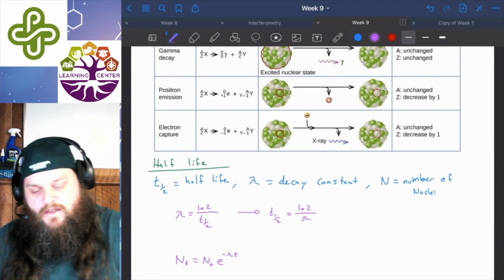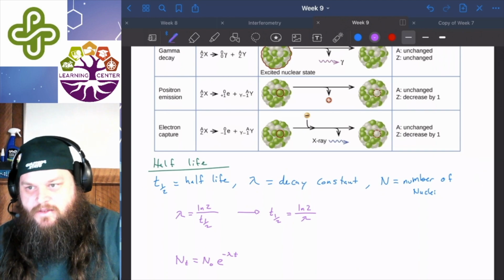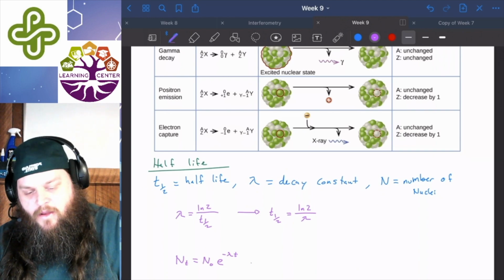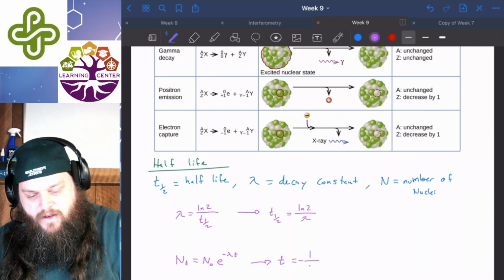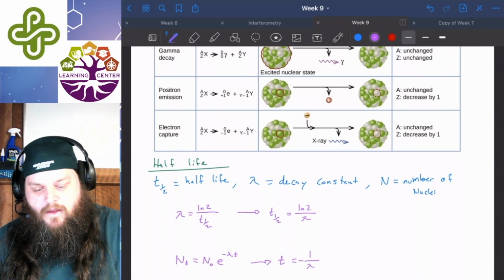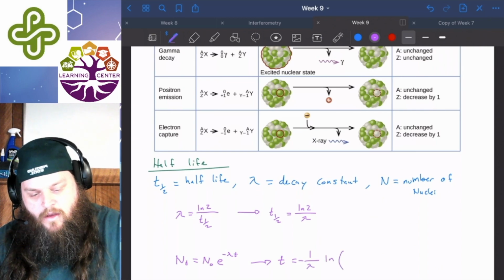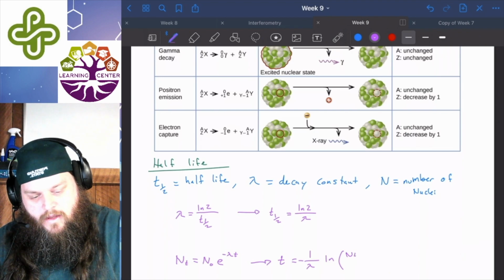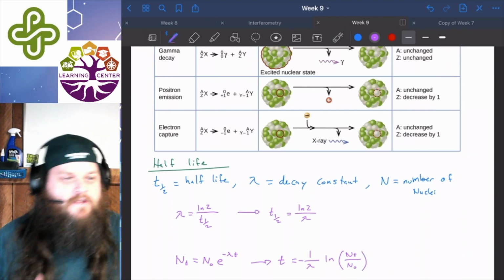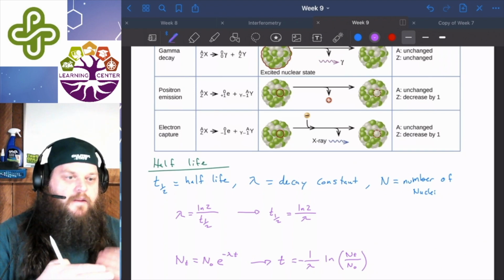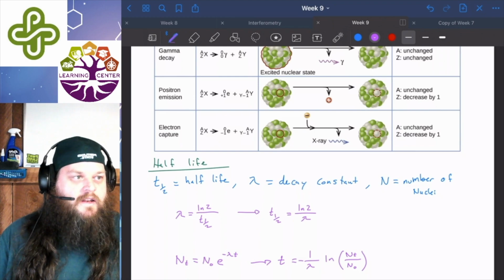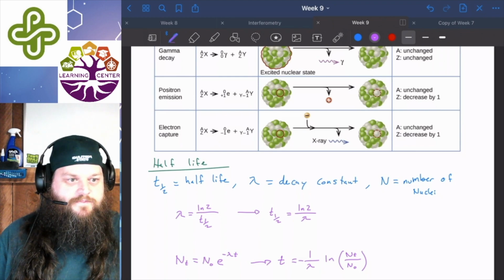It varies depending on the compound or element we're talking about. And using this relationship, we can plug things in a little bit. We can solve this to find out the time that it would take, which is equal to the negative 1 over the decay rate times the natural log of the ratio Nt over N0. So the number of particles we have at time t, divided by the initial number of particles that we had.